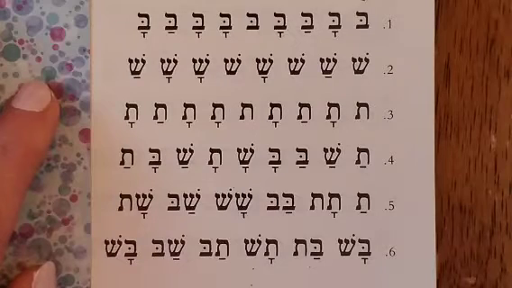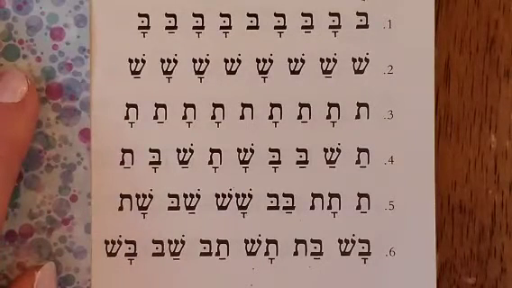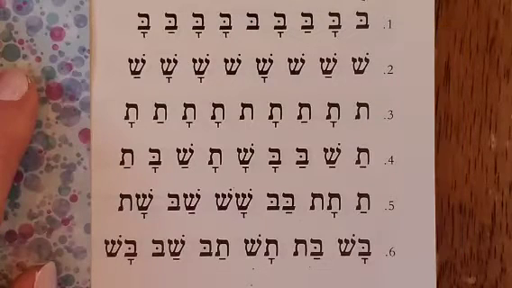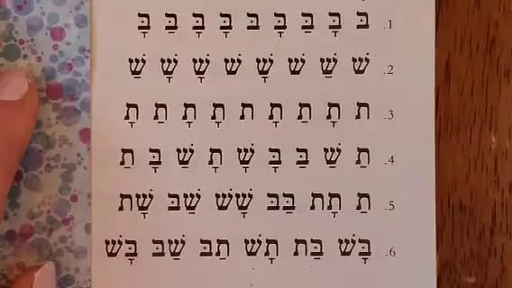All right, let me give you a screenshot of these 6 exercises, and I want you to pause your video and practice those by yourself until you feel fairly comfortable with them, and then come back.